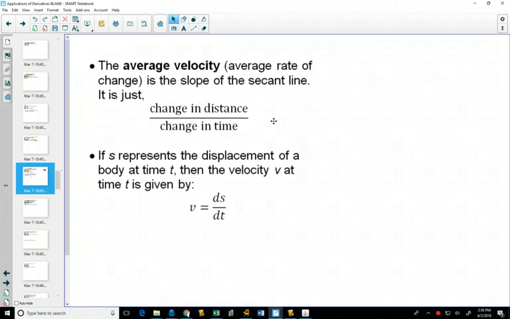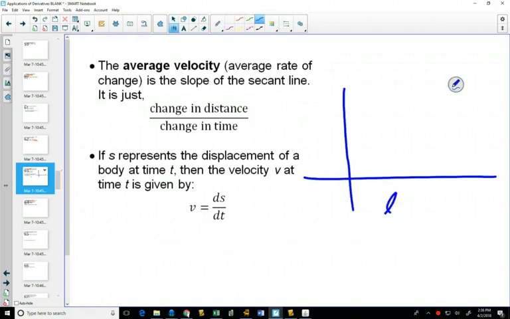But if I had a graph of what was happening, right, here's my time. Here's 1 hour there. Here is distance from home. And at 1 hour, we're 25 kilometers.